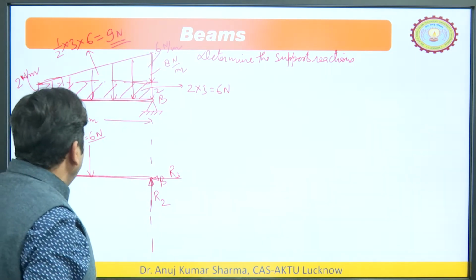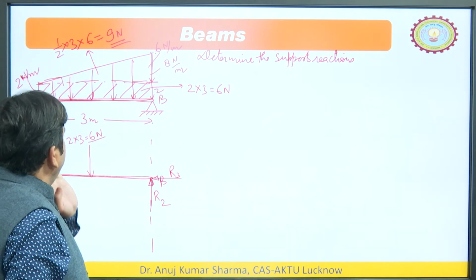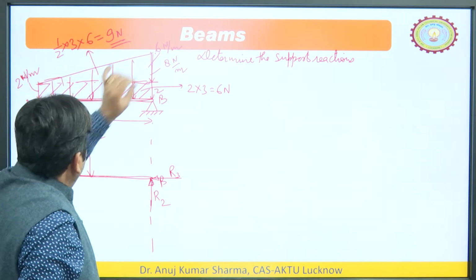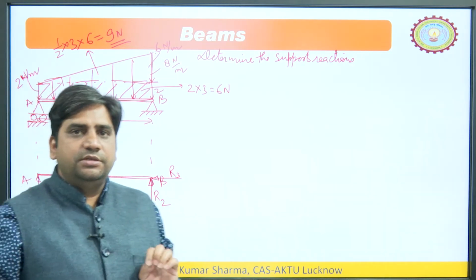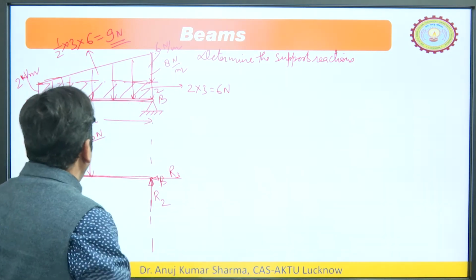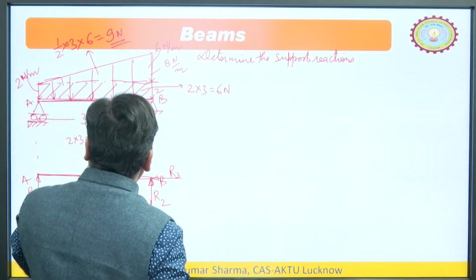So, the total value of this loading is 9 Newton of this triangle plus 6 Newton of this rectangle. So, 9 plus 6, how much is it? 15. So, total value is 15, but we cannot apply the 15 at a particular point.